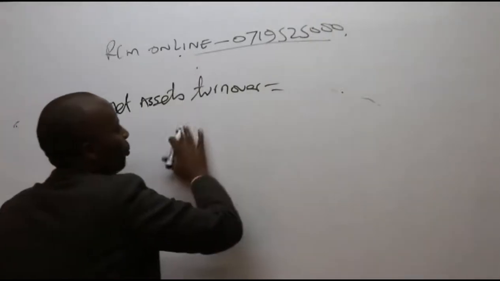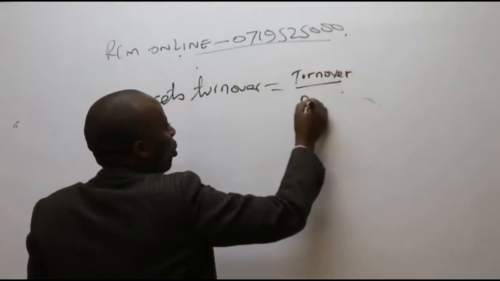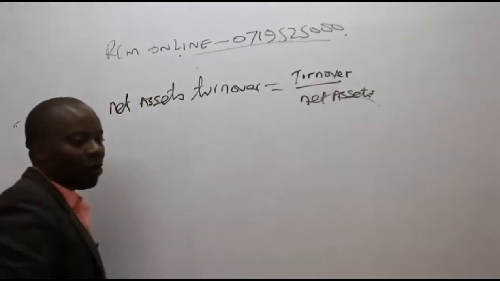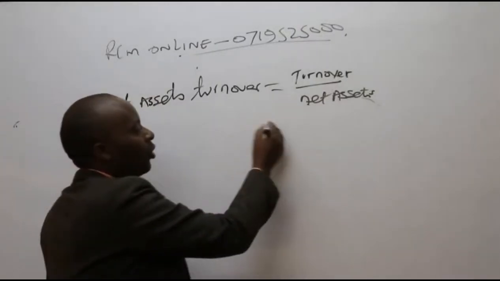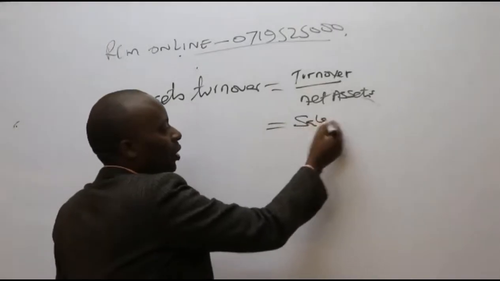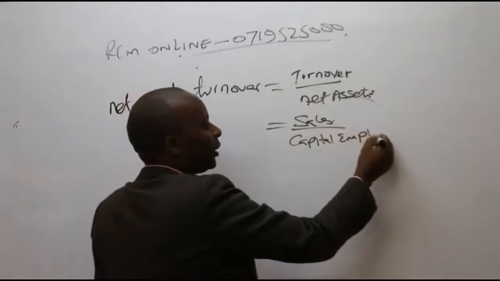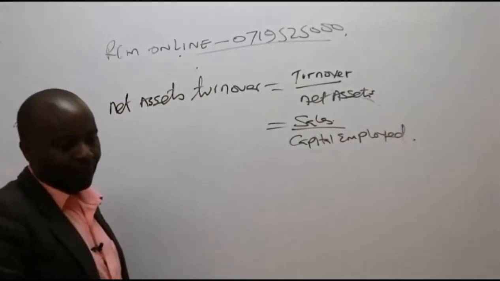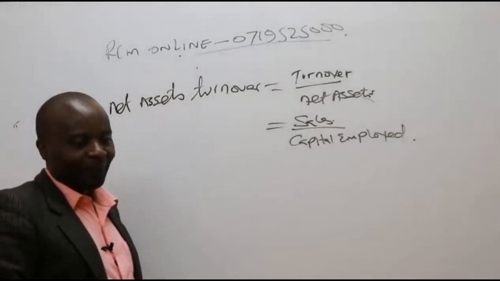It is supposed to be turnover over net assets. Remember that turnover is the sales, and net assets is the capital employed. So it is sales over capital employed.